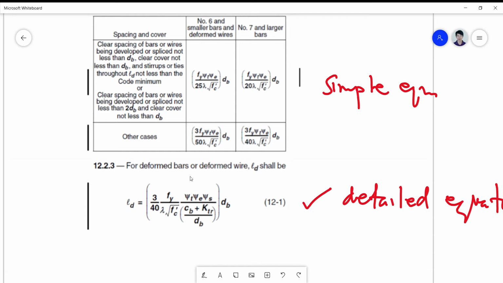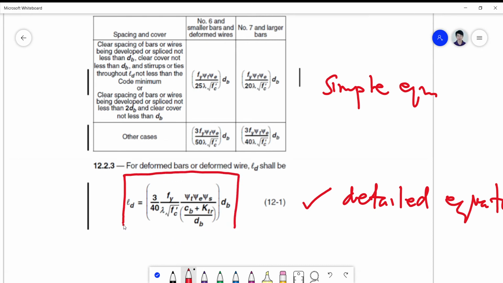But if you understand the use of the formula 12.2.3, there's no problem, and you don't need to use the tabulated formula in section 12.2.2. Okay, so today we're going to discuss more on what are the parameters involved here in formula 12.2.3 for us to be able to understand the use of it.